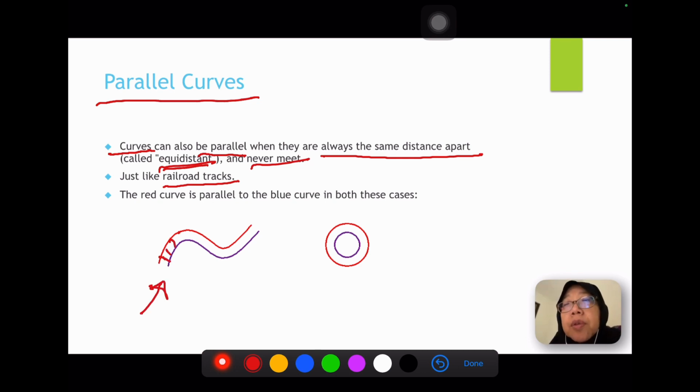These are railroad tracks, for example. This line will never meet with this line. We have the red line and the blue line. And this circle is also a parallel curve because the blue and the red lines will never meet.